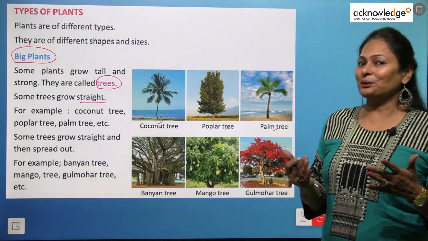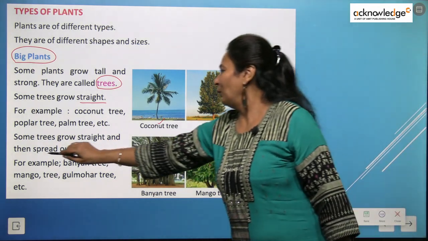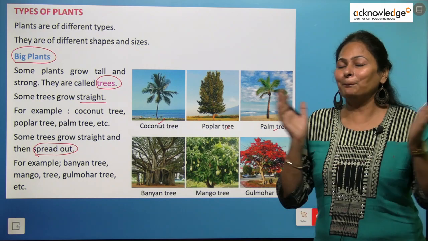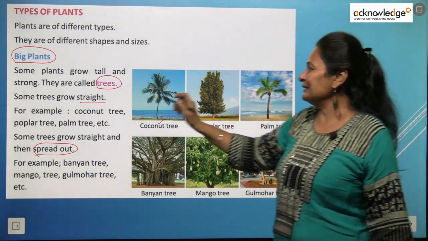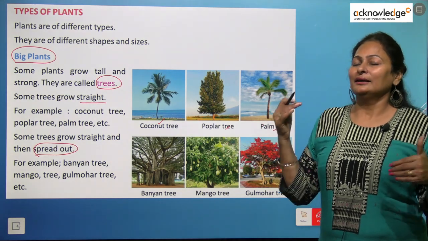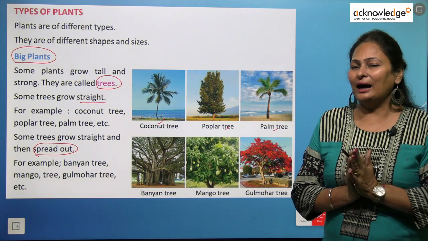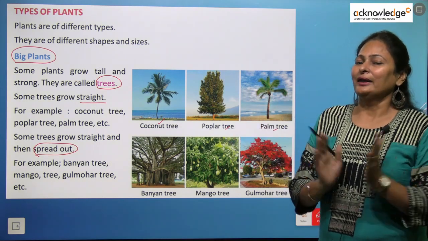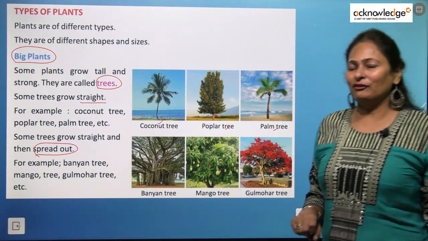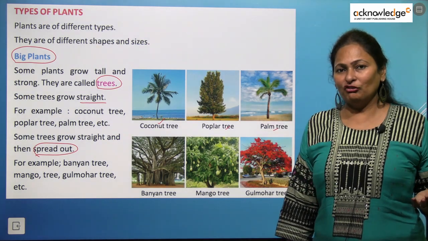Some trees grow straight but they spread out, or you can say they are wider, or they are bigger in size compared to these trees. These are tall and straight, but big trees are strong and wider. According to their sizes, we have kept them as big plants.